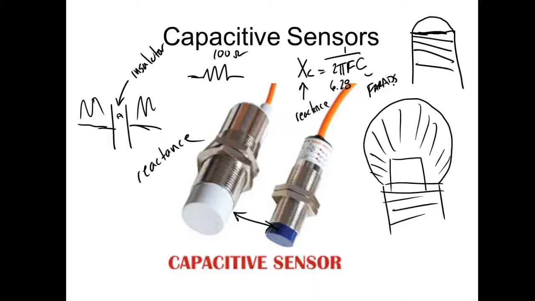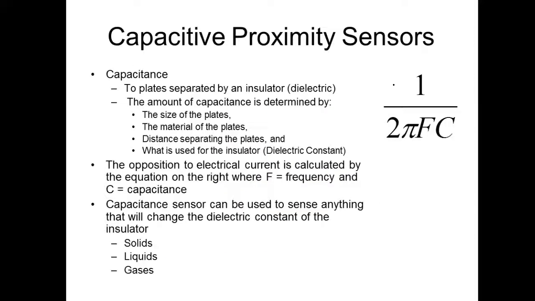Okay. Now, what determines the amount of capacitance is several things. Is the size of the plates. So the bigger the plates, the more capacity it has. It's just like a bucket, right? The bigger the bucket, the more capacity it has. Also, the next thing is the material the plates are made of.